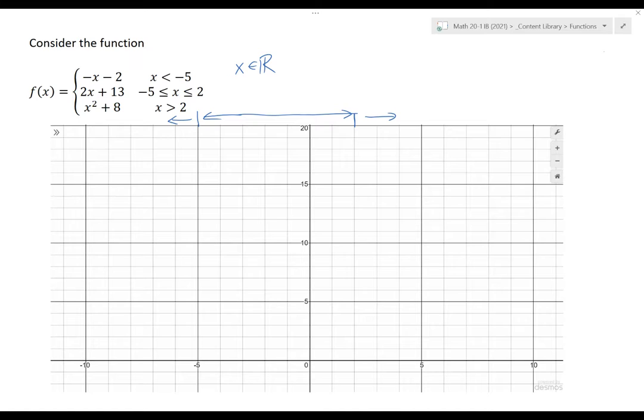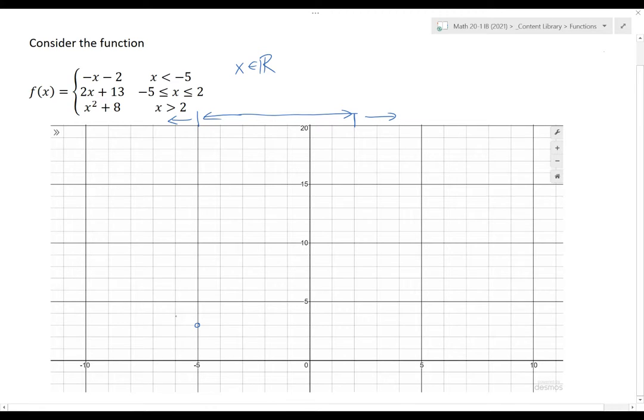But since I'm looking at that first piece of the function, I do need to consider what it would be if I plugged in -5. So -(-5) minus 2 is 5 minus 2, which is 3. I'm going to use an open circle at the point (-5, 3), because that isn't actually how I would calculate this function. But that line has a slope of -1.